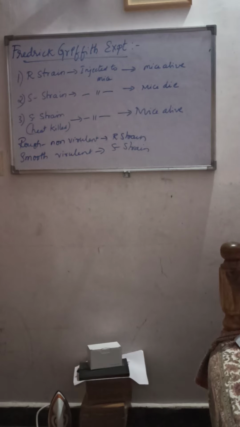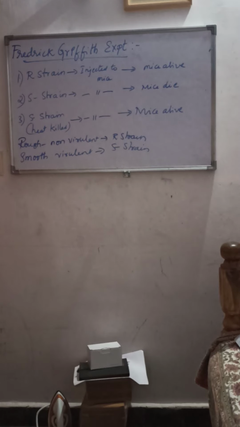So that is the R strain bacteria and the S strain bacteria. The S strain bacteria is usually capsulated and the R strain is non-capsulated. The S strain is virulent, and the R strain is non-virulent.